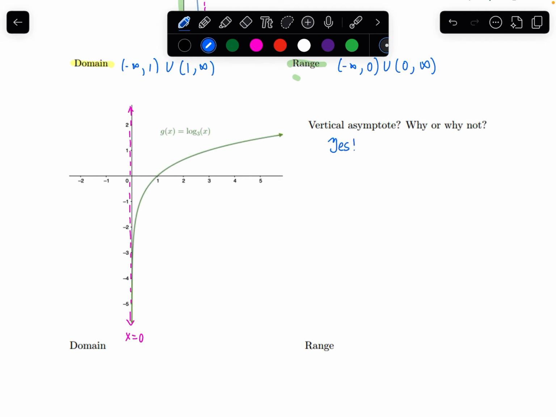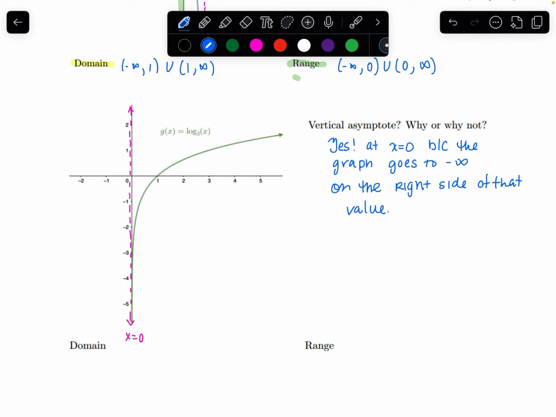We do in fact have a vertical asymptote at x equal to 0 because the graph goes to negative infinity on the right side of that value. Perfect.